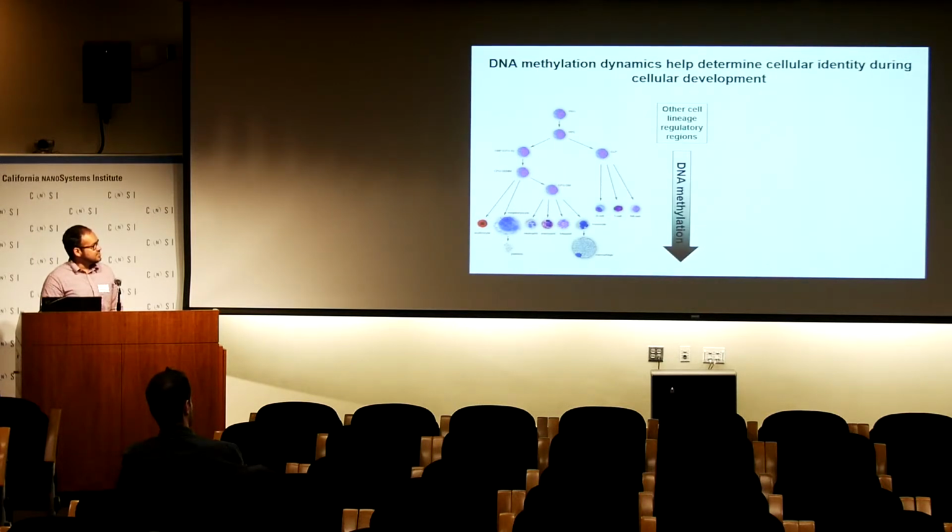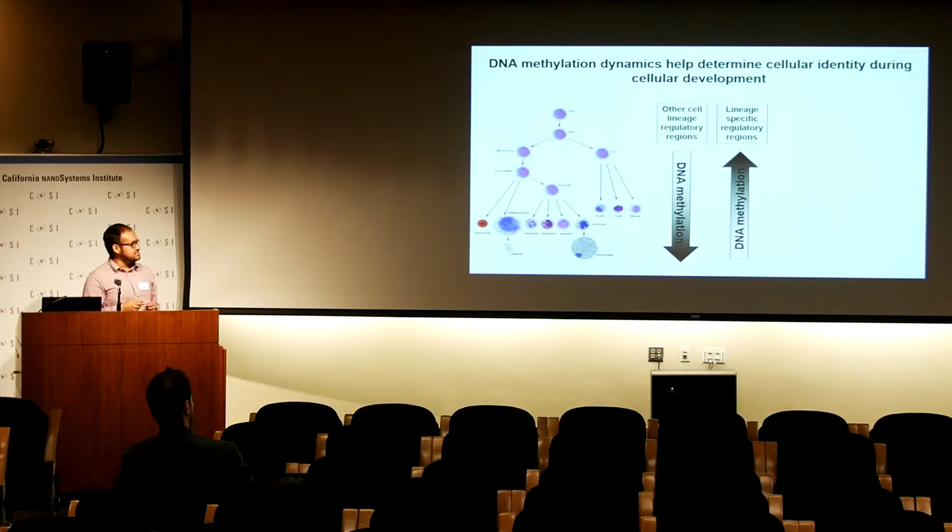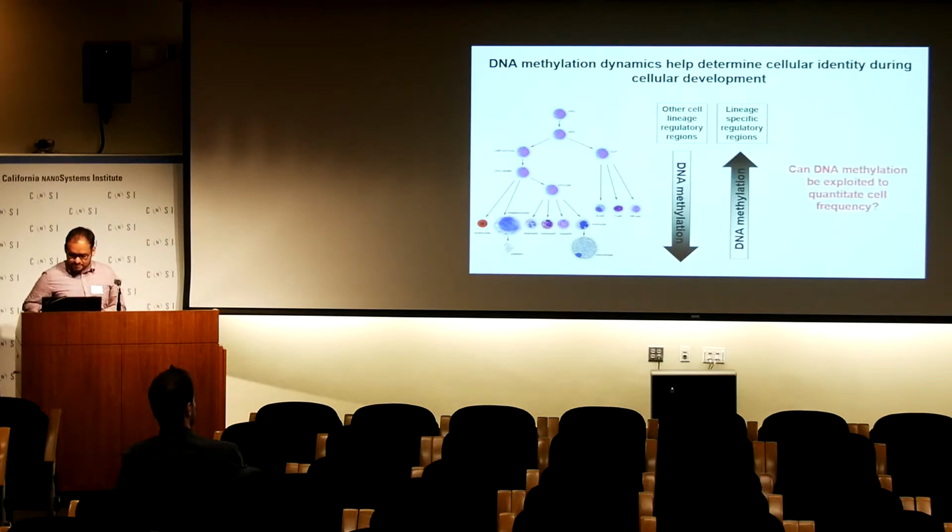And during this process, basically, if you're a B cell, you're going to want to turn off all the other cell type genes and loci, so the DNA methylation actually increases in those regulatory regions which are unrelated to B cells. However, those regulatory regions which are in B cells will become demethylated because you want to be able to turn on B cell genes. And so DNA methylation dynamics actually help determine the cellular identity during cellular development.